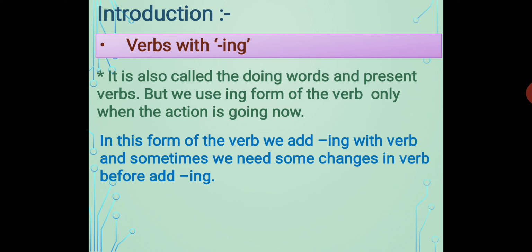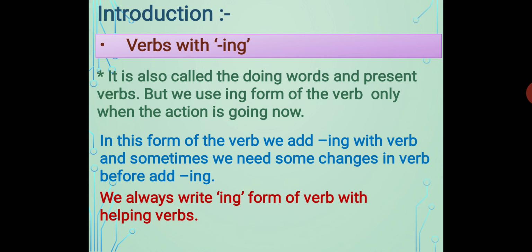But in some cases we need some changes to make them in the ing form. And one more important thing is we always write the ing form of the verb with the helping verbs. And which are the helping verbs? Is, am, are, was, were are the helping verbs.